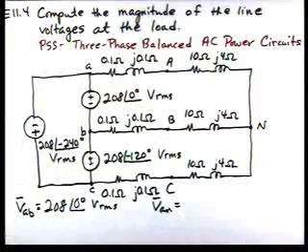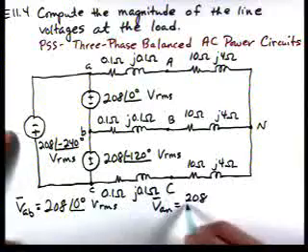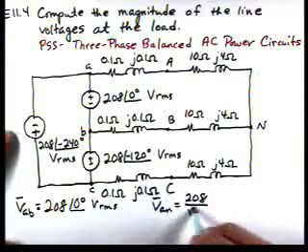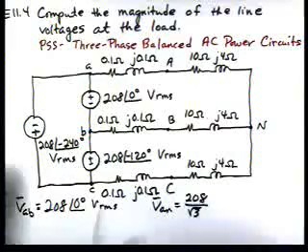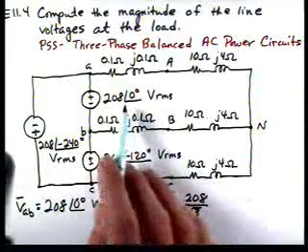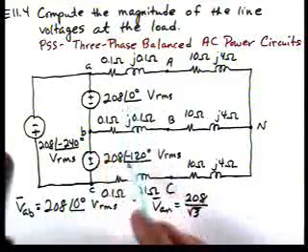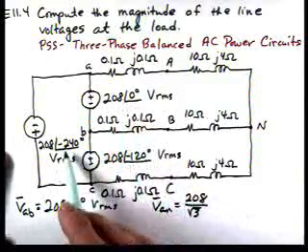And if you remember, the magnitude of VAN is smaller than the magnitude of the line voltage by the square root of 3. And if we look at our set of voltages, for instance, we have VAB at 0, VBC at minus 120, VCA at minus 240 or plus 120.